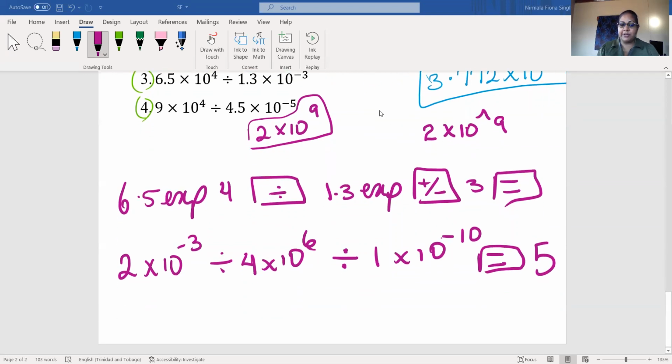For those still following, if you're having a problem, I'm going to call it out and you follow me in the process. 2, EXP, minus sign 3, divide button, 4, EXP, 6, divide button, 1, EXP, minus sign, 10, equal button. Tell me what you get, if you get 5.